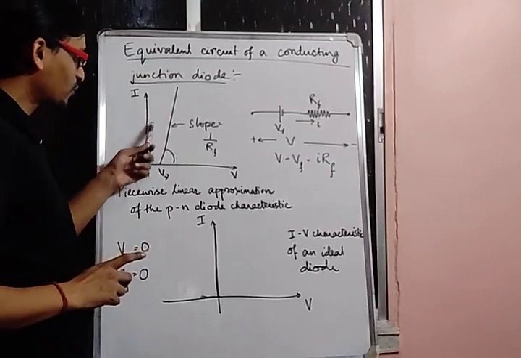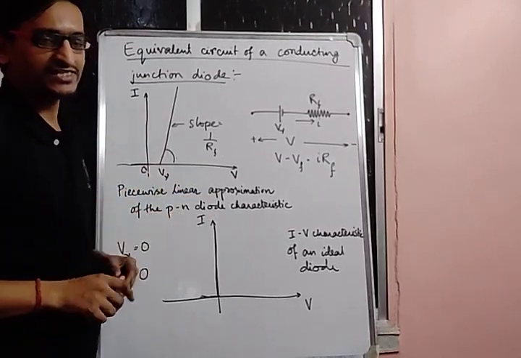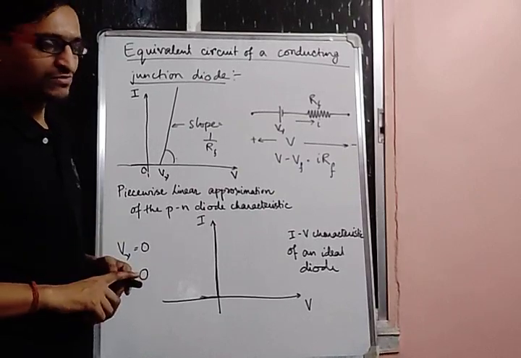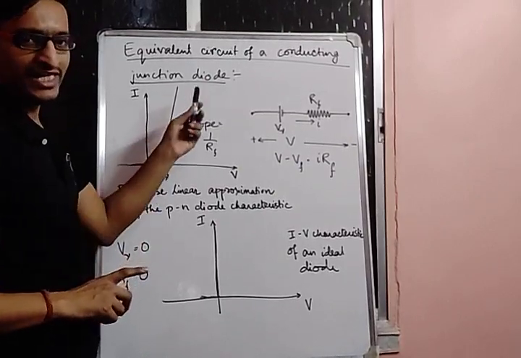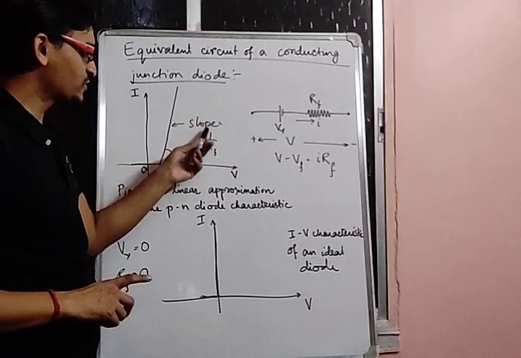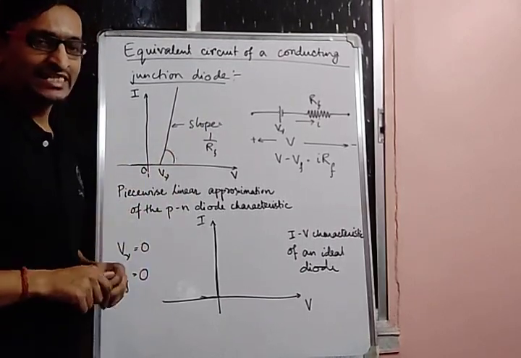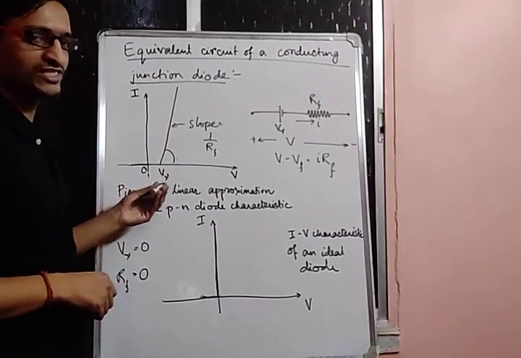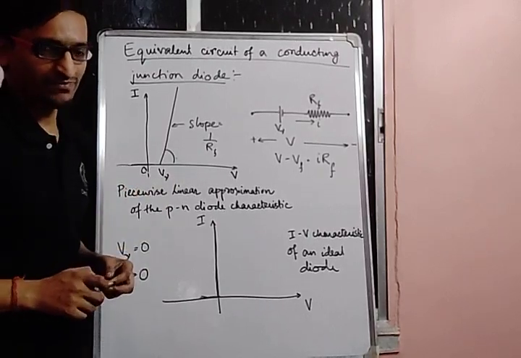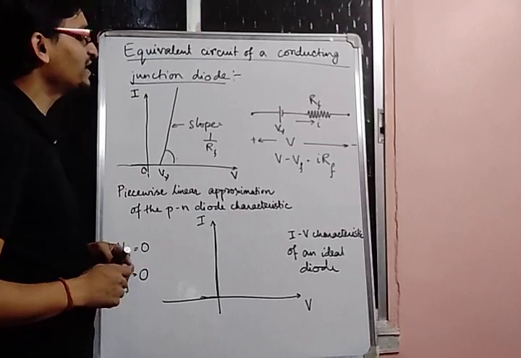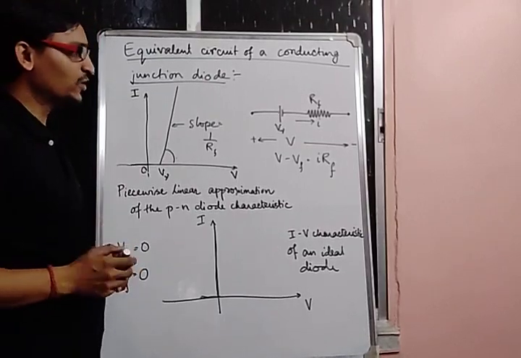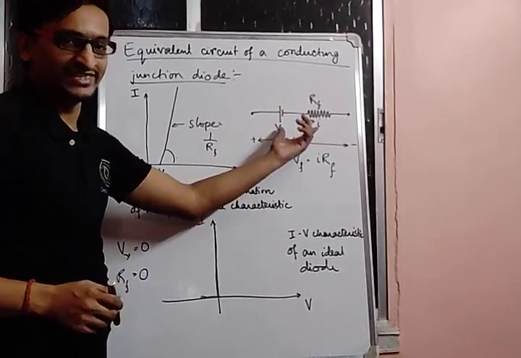So we can approximate the IV characteristic of a diode by a straight line having slope 1 by RF, if the applied voltage is greater than the cut-in voltage, which is represented by V gamma. If we draw the equivalent circuit of this conducting diode, it looks somewhat like this.